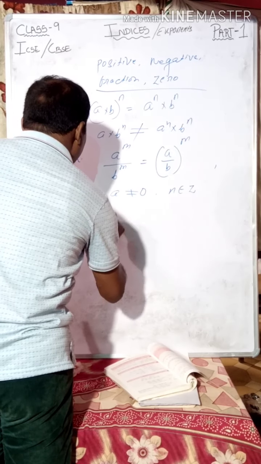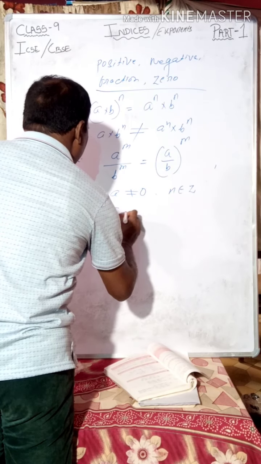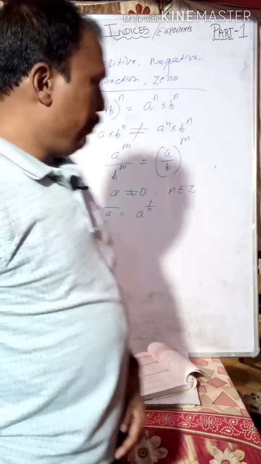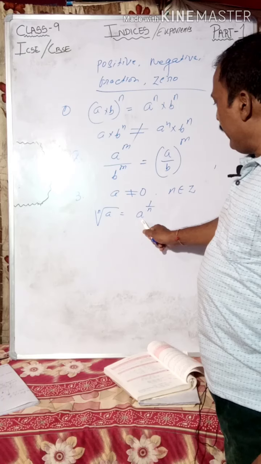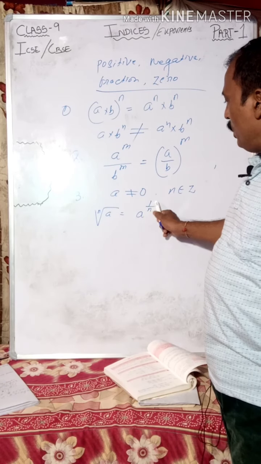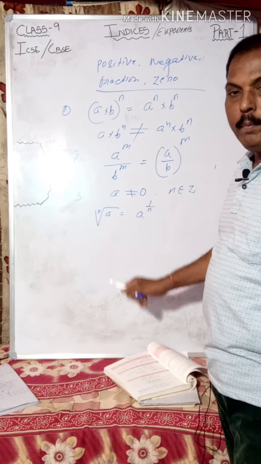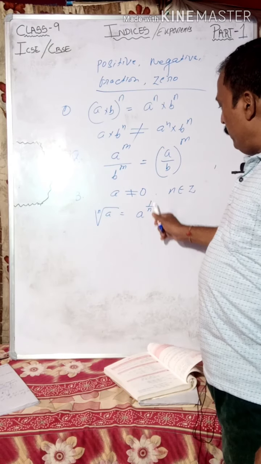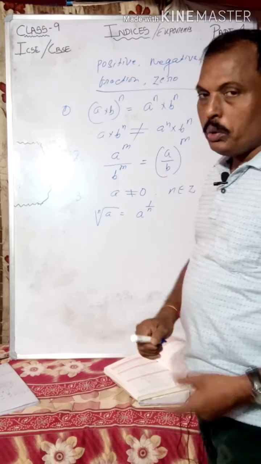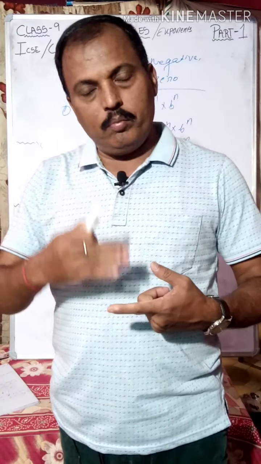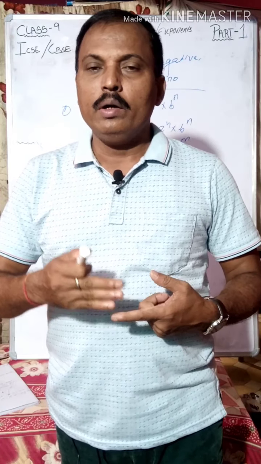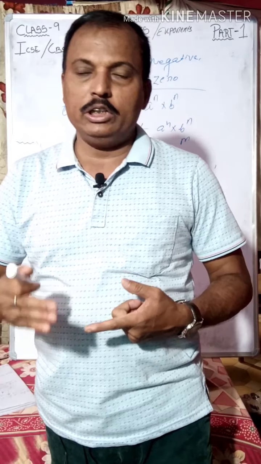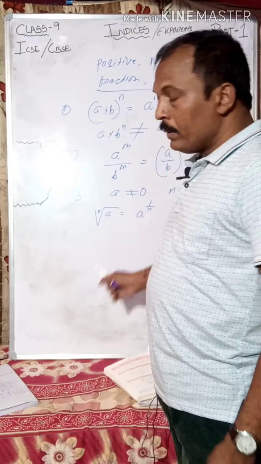So the nth root of a is equal to a^(1/n). If a is not equal to 0, since 0 to the power of something is impossible. n belongs to the integers; n may be 0, may not be 0, may be negative, positive or 0, whatever it may be, but a cannot be 0.